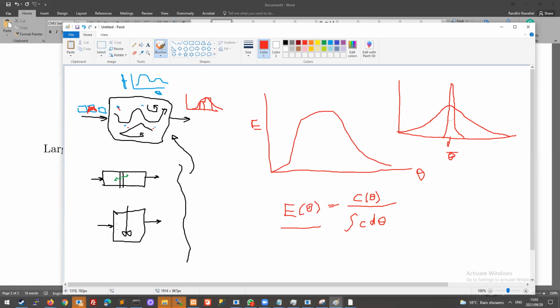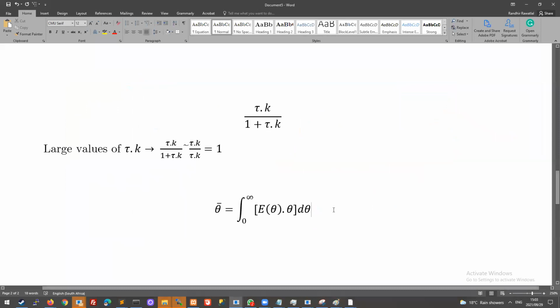And the way I've drawn this one in particular is implying that we need some measure of the width of this distribution. So that's where you can consider the standard deviation. So a standard deviation type of approach might work there. So we can think of writing something like this.